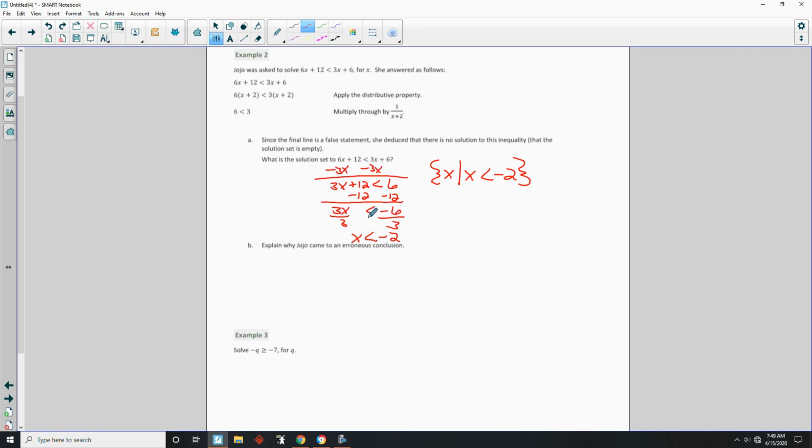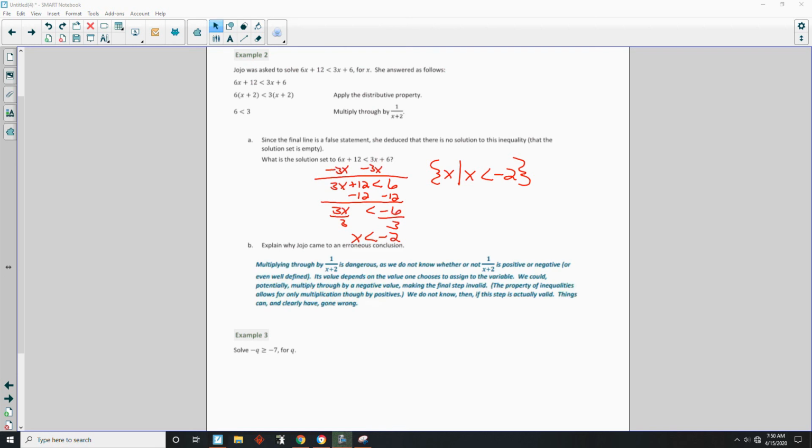Okay, now B says, explain why Jojo came to an erroneous conclusion. Okay, the explanation to B is quite lengthy, so I just brought it in as text. Multiplying through by 1 over x plus 2 is dangerous, as we do not know whether or not 1 over x plus 2 is positive or negative, or even well-defined.